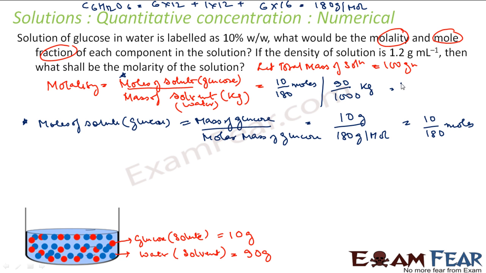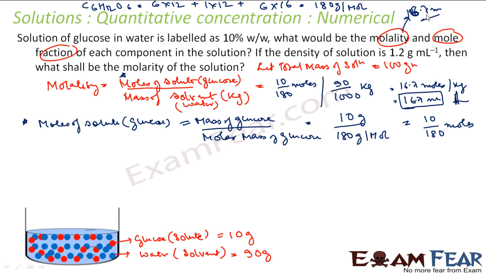If you solve this, you get 16.7 moles per kg, and that is nothing but small m, my molality, 16.7 m. Pretty easy.